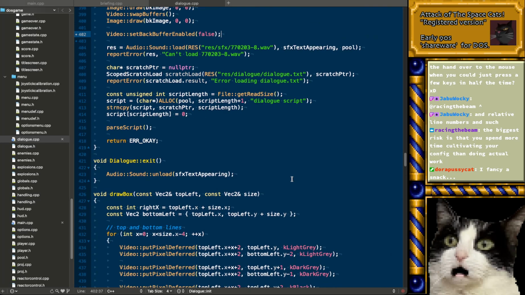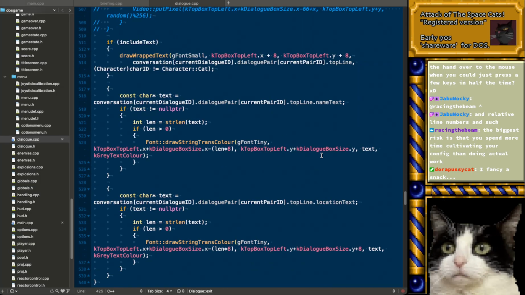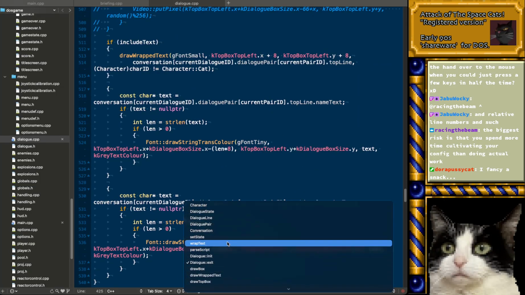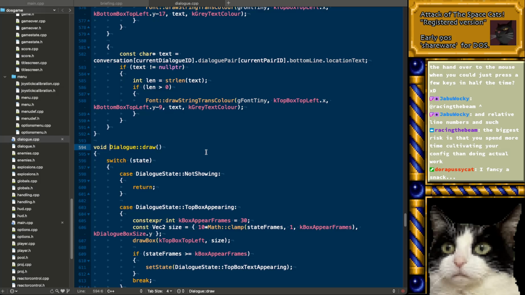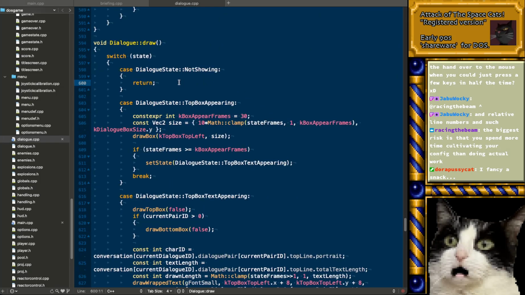We turn it off there, and then if we just make the assumption that it's just off for the rest of the mode, then we are going to call draw. Not showing. We don't do anything. That's fair enough.